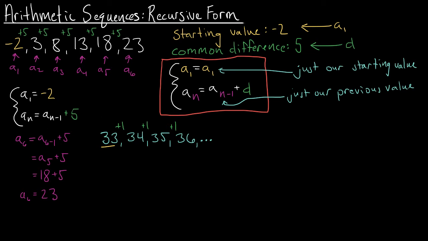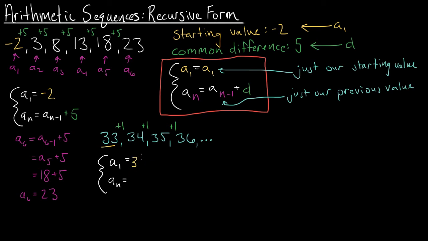And so to write a formula for this in recursive form, we need to know our a sub 1 value, and then we also need to know what a sub n is, or what a general term in the sequence is. And so a sub 1 is 33.